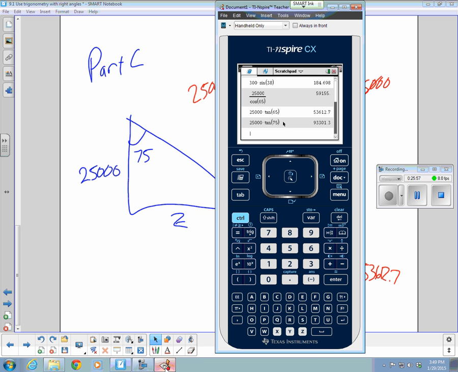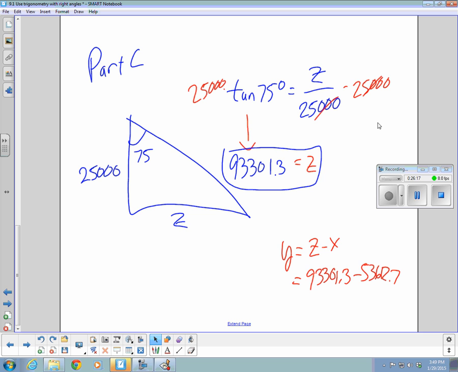Okay, so I want this value right here highlighted minus this value right here. I hit enter. And what do you know? I get 39688.6. And that's my value for y. And you're done.